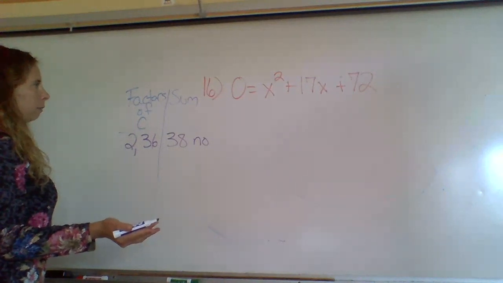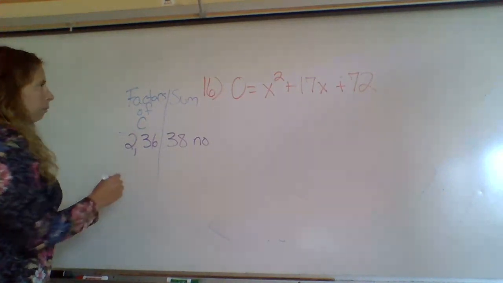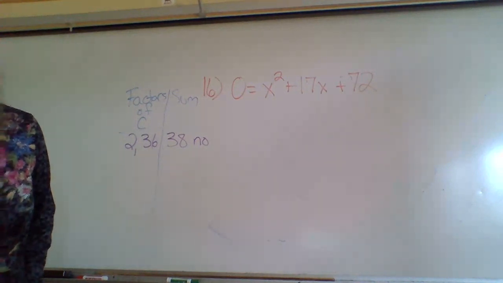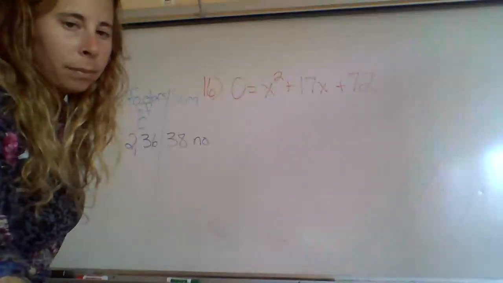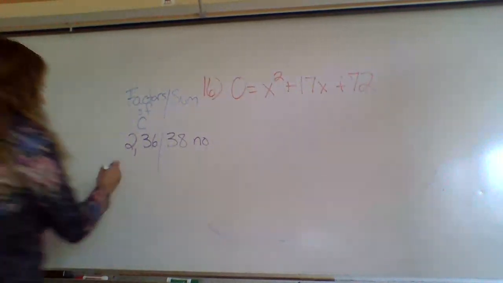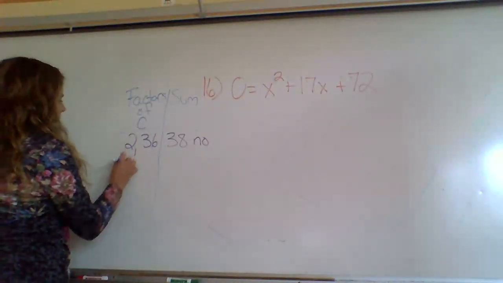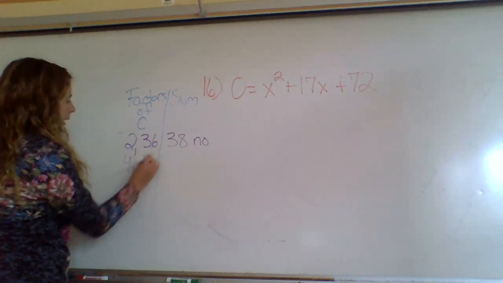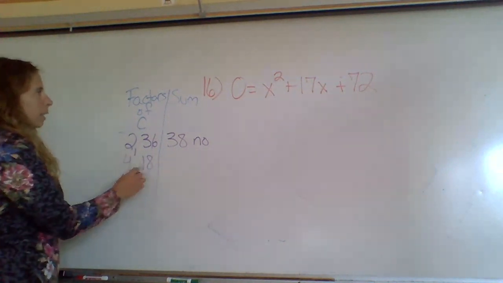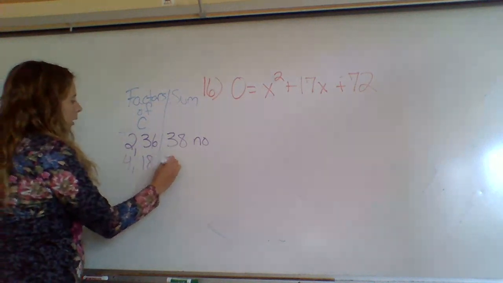Okay, there is 4 and 18. 4 times 18 is 72. But do these add up to 17? They do not. This is 22.